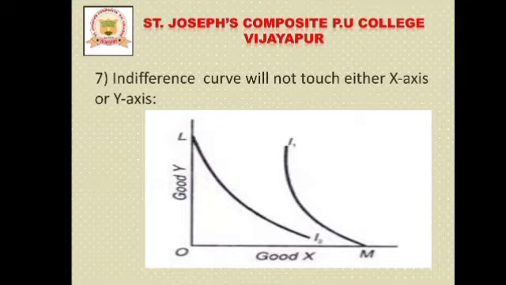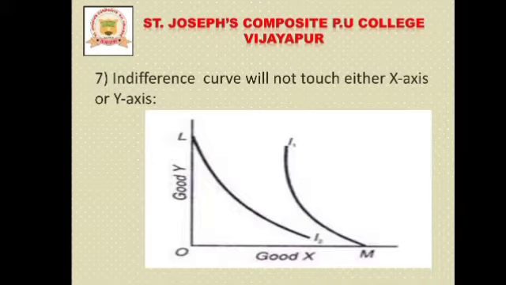Next feature: an indifference curve will not touch either the x-axis or the y-axis. Dear students, just observe these diagrams. In the first diagram, this curve touches the y-axis. And in the second diagram, this curve touches the x-axis.